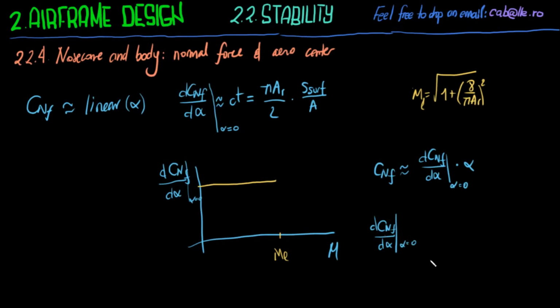The derivative of the Cn of the fins on Mach numbers over Mach sub L is now going to be 4 times this part, which is function of the Mach number, times S surface A. Okay, so if you plot this in function of Mach, you're going to see that when you reach this certain Mach number, well, the fins are gonna do way less restoring normal force.